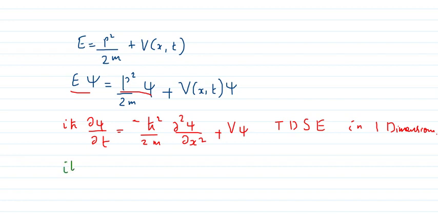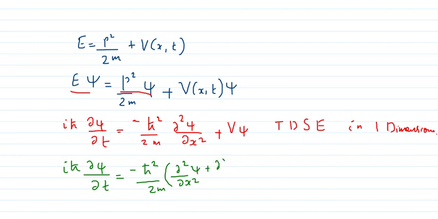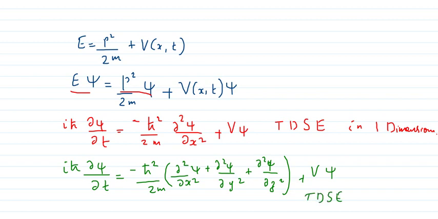So i h cut dou psi by dou t is equal to minus h cut square by 2m into dou square psi by dou x square plus dou square psi by dou y square plus dou square psi by dou z square, plus V psi. So this is the time dependent Schrodinger equation in three dimensions.